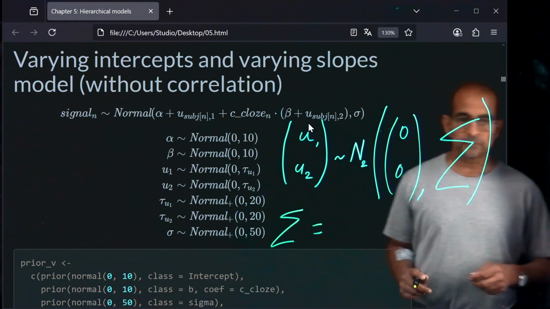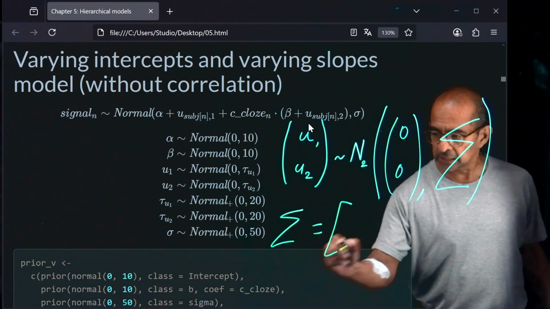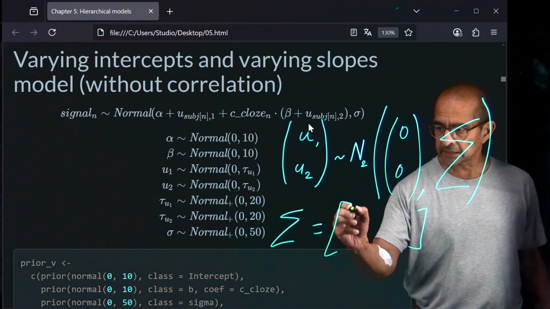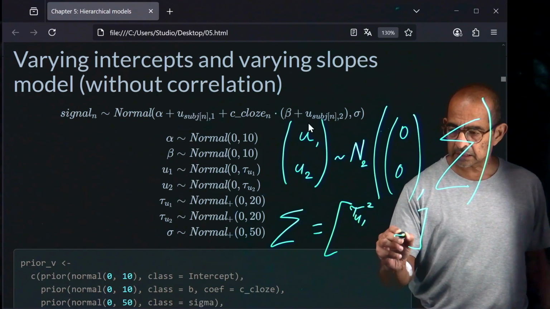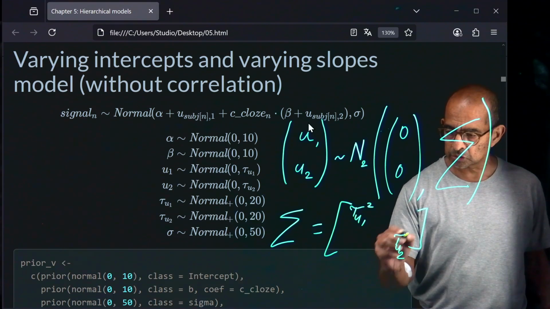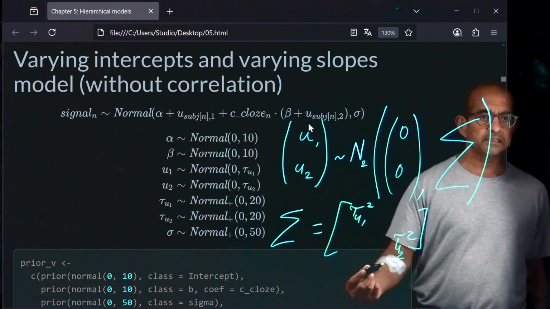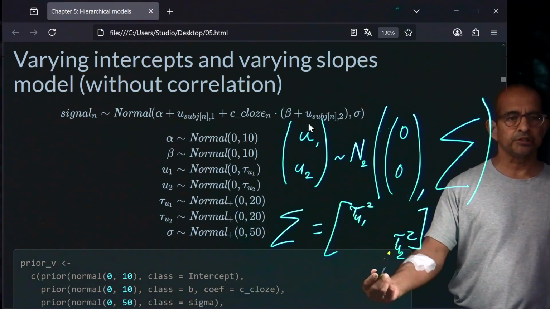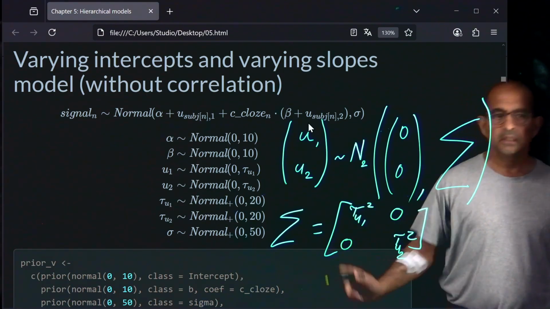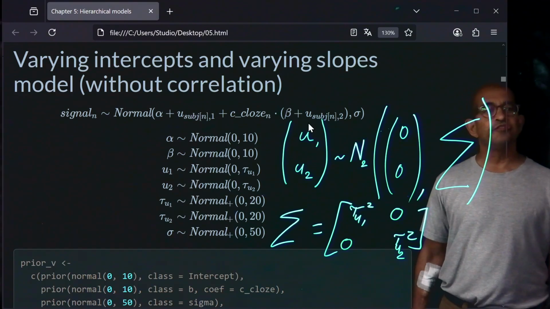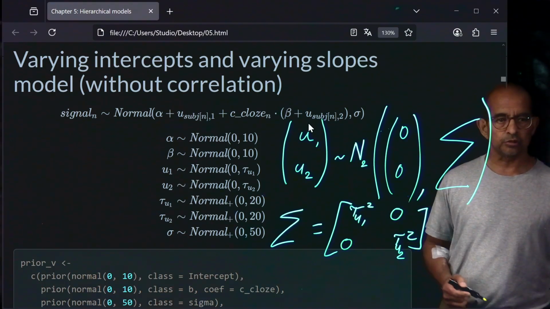This big sigma, this variance covariance matrix, contains in the diagonals the tau u1 squared and the tau u2 squared, right? So these are the variances of the two random variables u1 and u2. And in the off diagonals, this model is assuming zero correlation. So zero covariance, right? And therefore zero correlation.